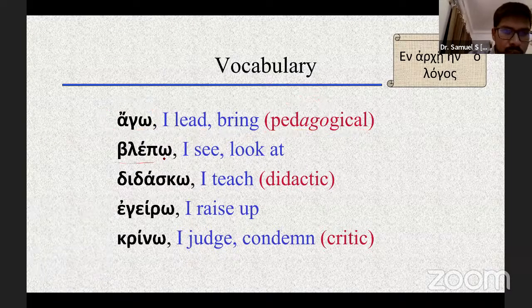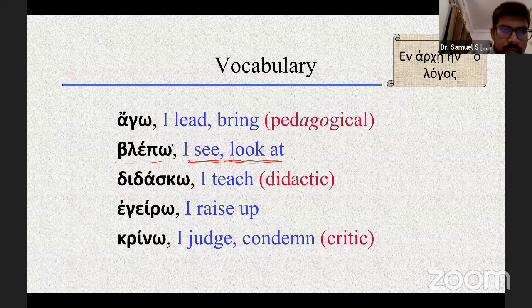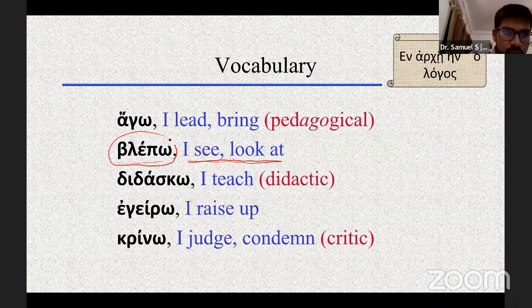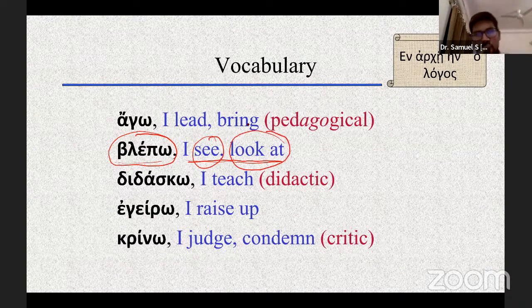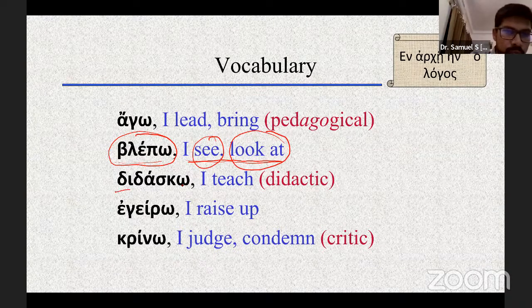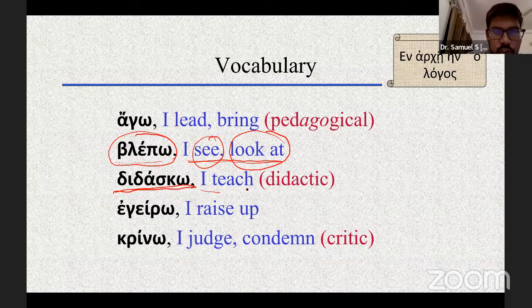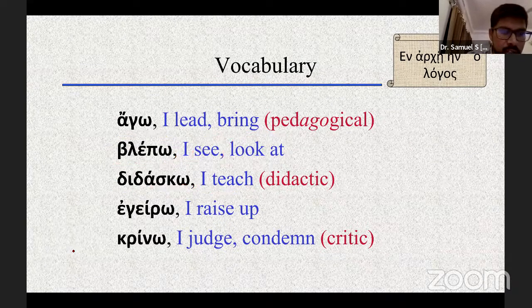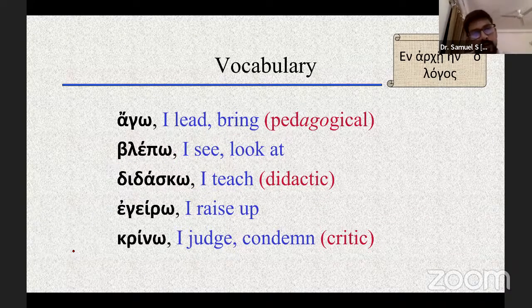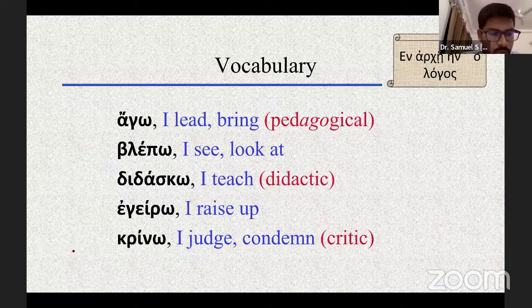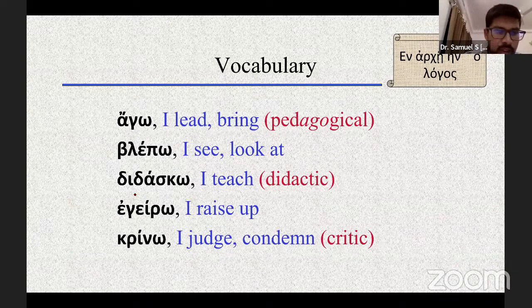Blepo. I see, look at. Didasko. I teach. Many times the disciples call Christ teacher, and then they use a form of this.